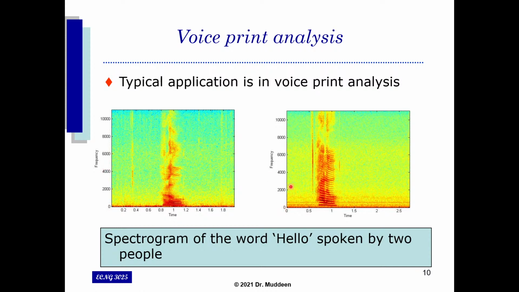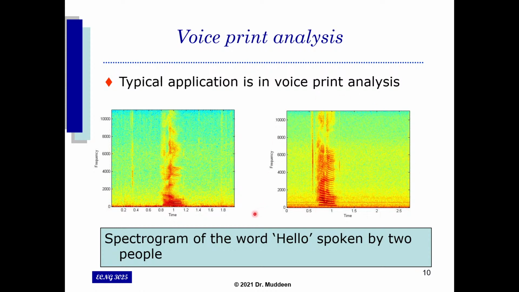But then the frequency content for this particular plot is centralized between 0 and 6000 Hz, closer up to the 8000 Hz mark. And just from analyzing these two, knowing that this is the spectrum of the word hello spoken by two people, we can tell here that the left spectrogram is spoken by a male voice, and the right spectrogram here is spoken by a female voice.